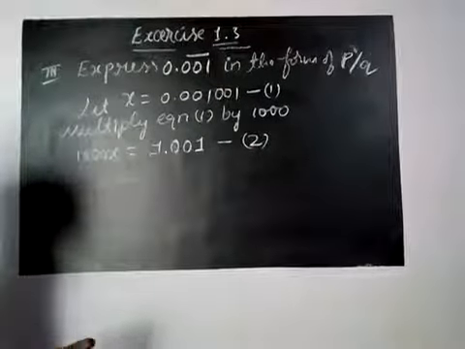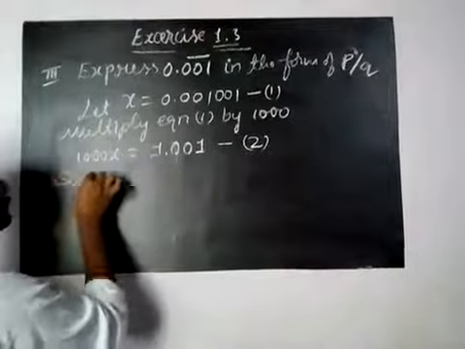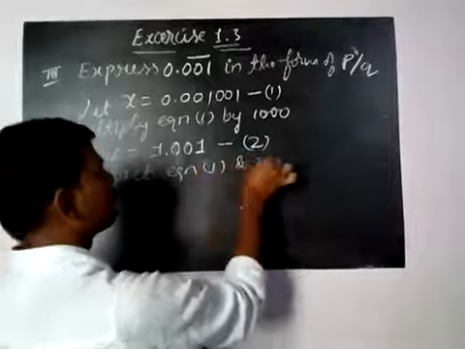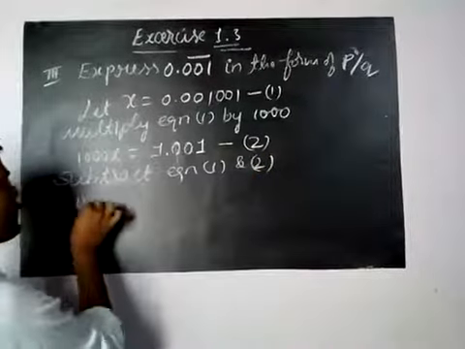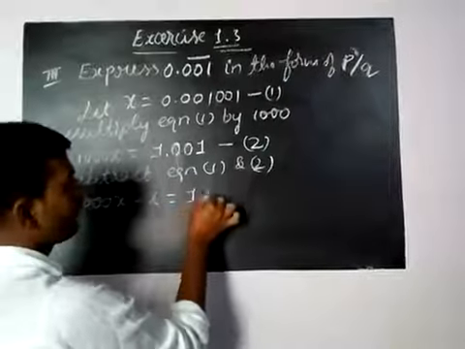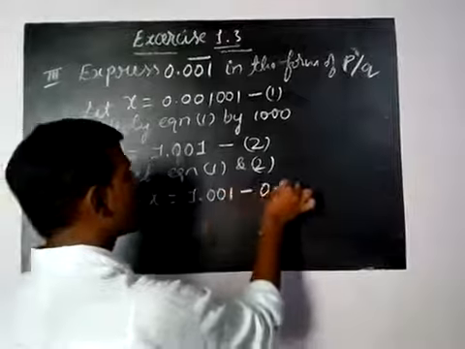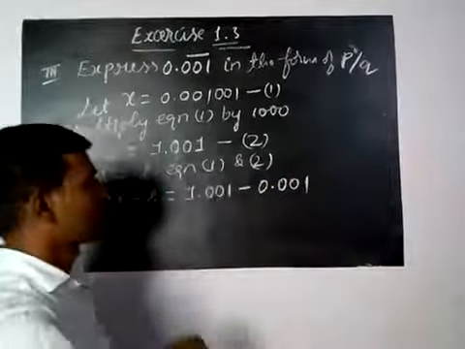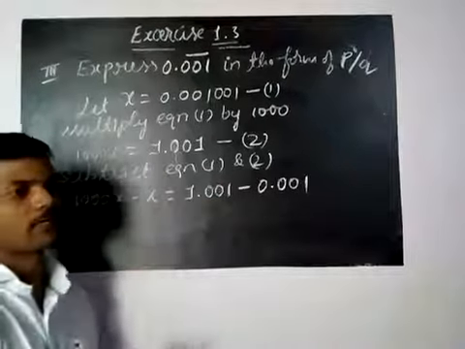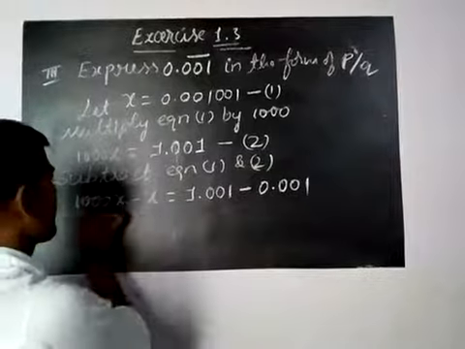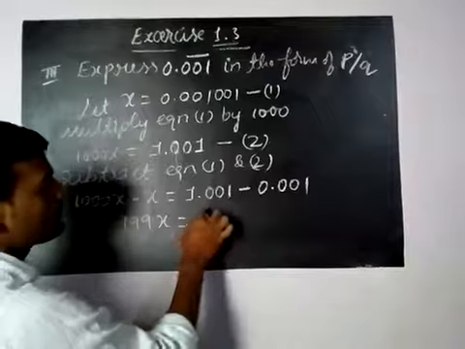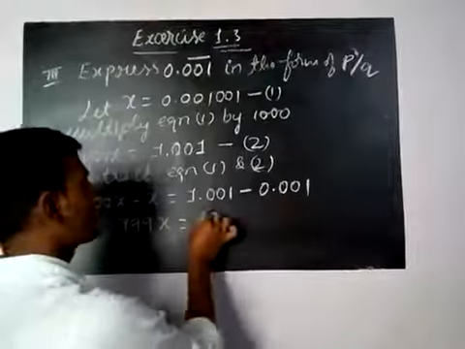Now subtract equation 1 from 2. 1000x minus x is equal to 1.001 minus 0.001. 1000x minus x is 999x, which is equal to 1.001 minus 0.001, which means 1.